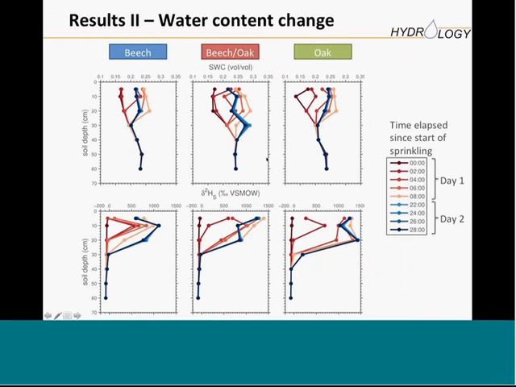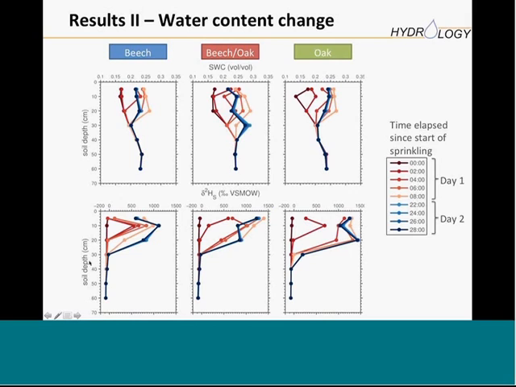The first, you see conventional water content change for the beech, beech-oak, and oak. You can see it was relatively dry at the beginning, and as to be expected, the infiltrated water increased the water content and then decreased a little bit afterwards due to transpiration and soil water redistribution.